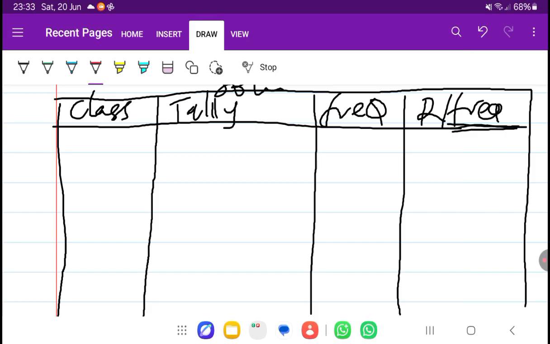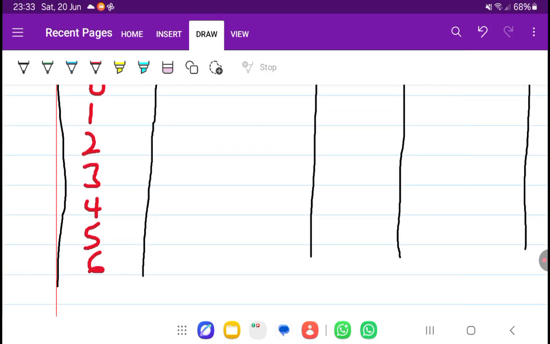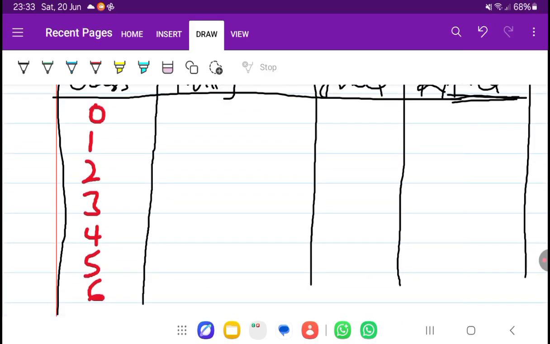And the numbers that we have are from 0 up to 6, because if you look at the data set, they gave us numbers from 0 to 6. So 0, 1, 2, 3, 4, 5, and then lastly 6. Those are the numbers that we have.